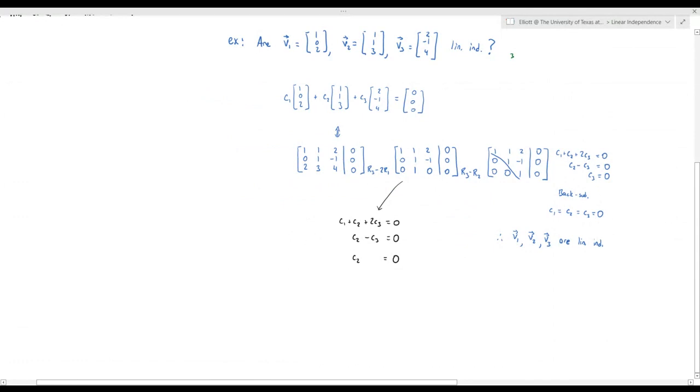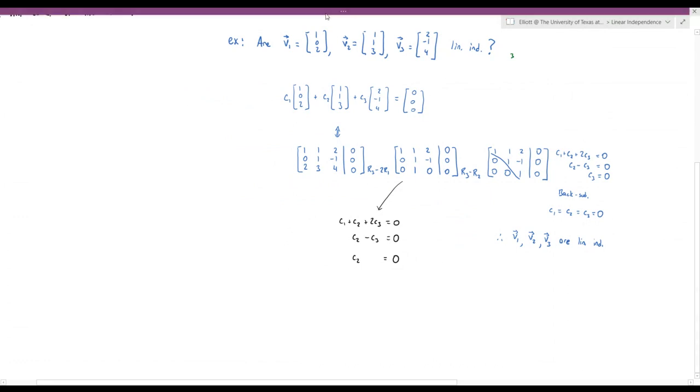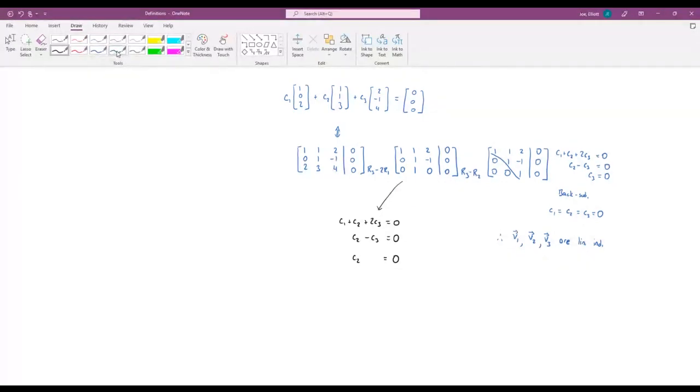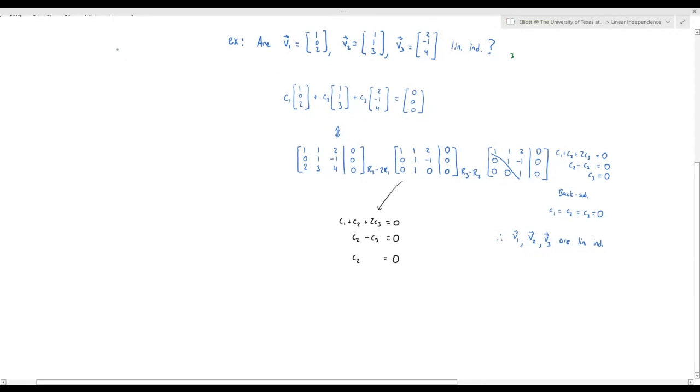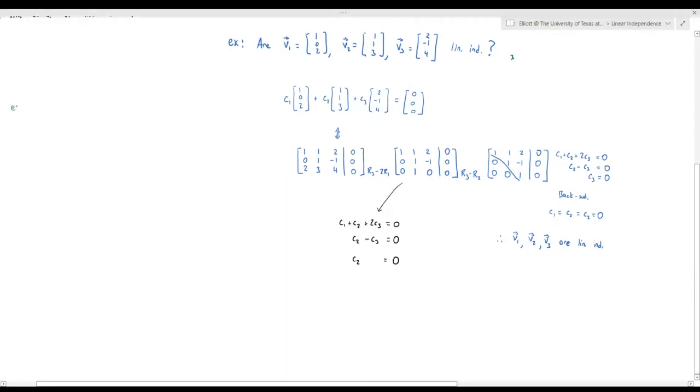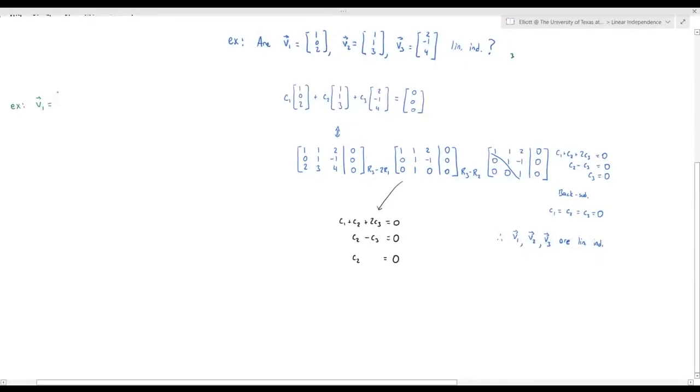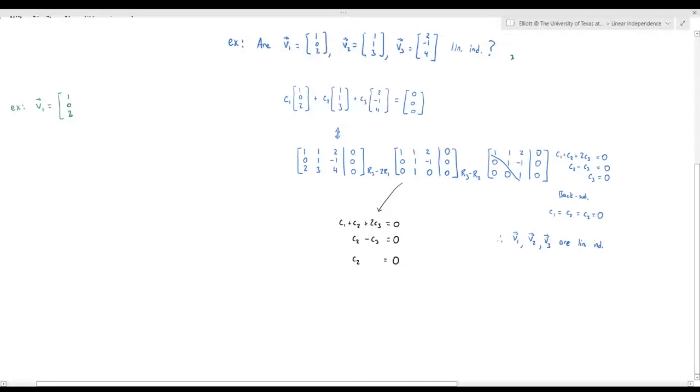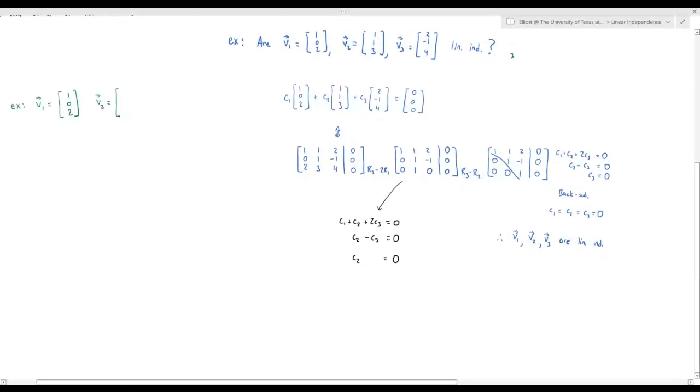Now, before I go on, I'd like to do another linear independence example similar to this one, but this time I would like to alter the example slightly to show you what it would look like if the vectors were actually linearly dependent, because you probably want to be aware of both scenarios.